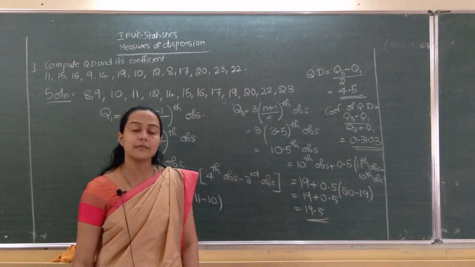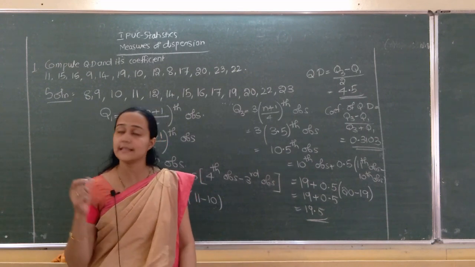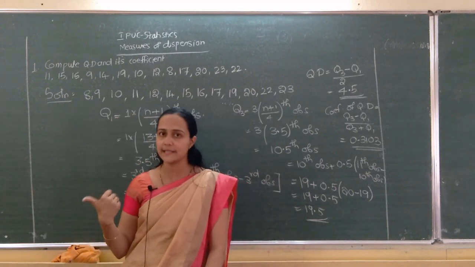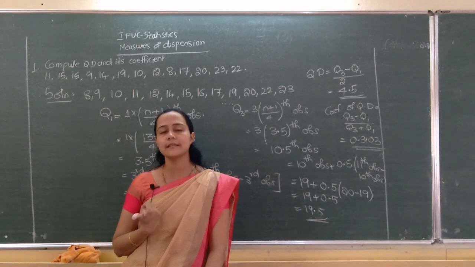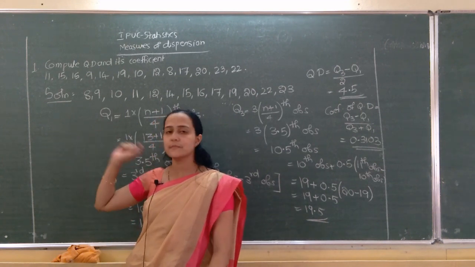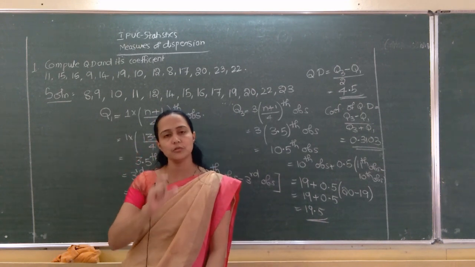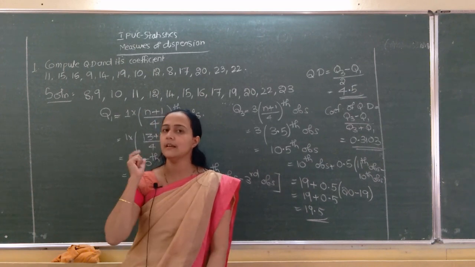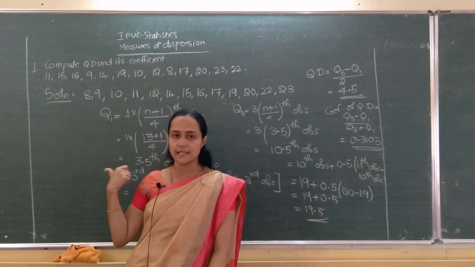So, first remember what we did here. First, this is raw data or ungrouped data. If ungrouped data is given, first arrange the observations in ascending order. You know how to find Q1 and Q3; we saw it in partition values, again I am telling.